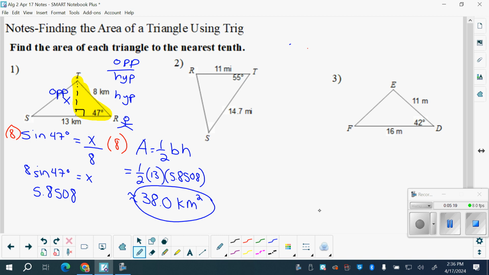So let's use this side here as your base and then draw a right angle. Does that make sense? Why I chose that? So I have to be able to have this 55-degree angle there, and then one of these two has to be the side of my new right triangle, and it is. So I have the 11 and the 55.